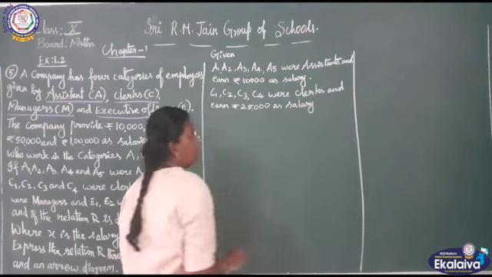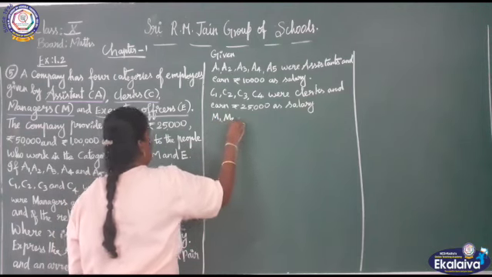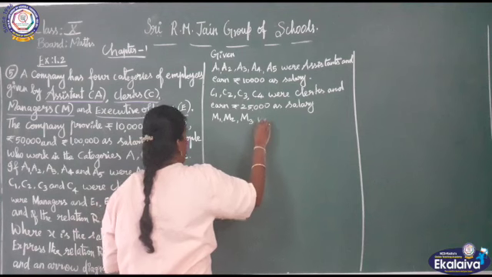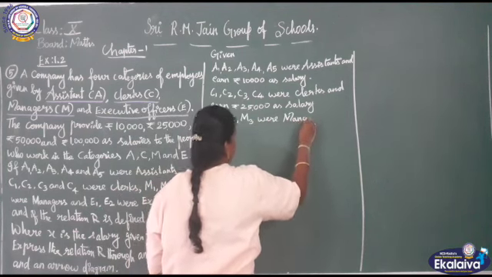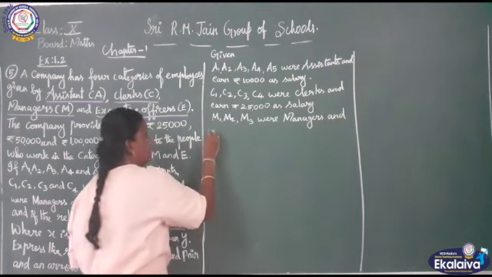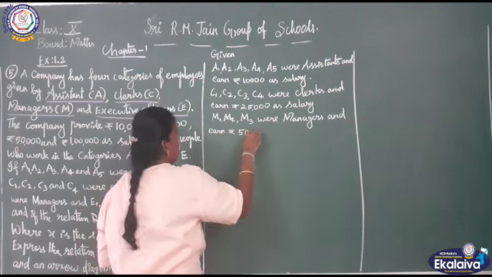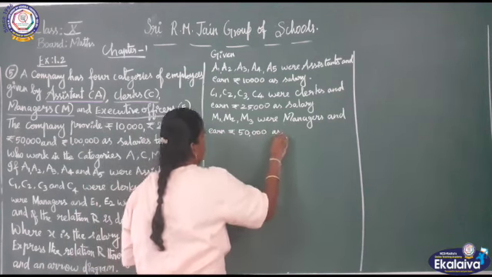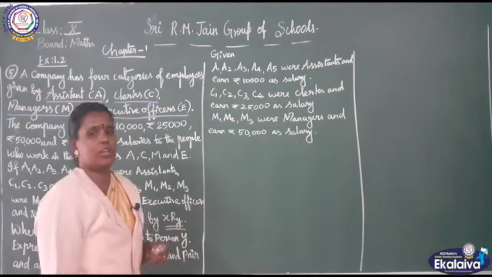Next, M1, M2, M3 were managers and earn rupees 50,000 as salary. Are you clear, children?